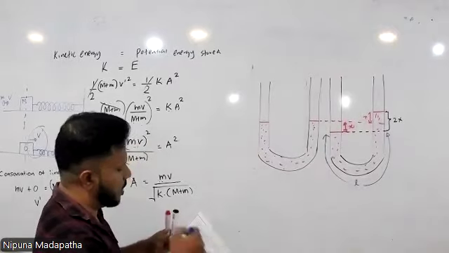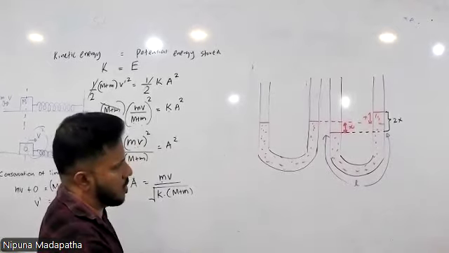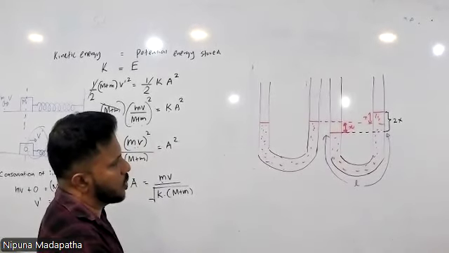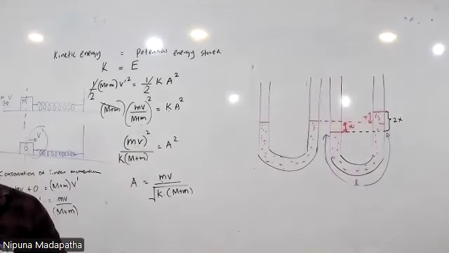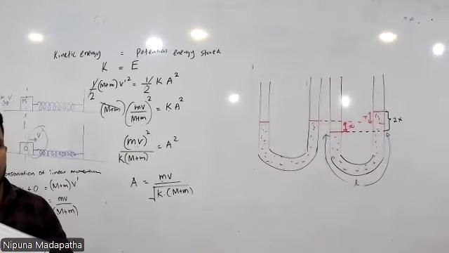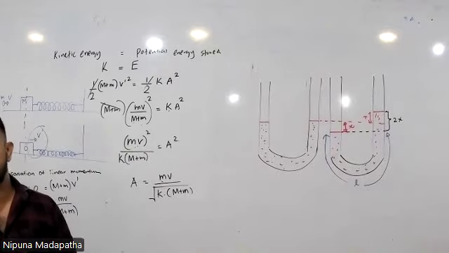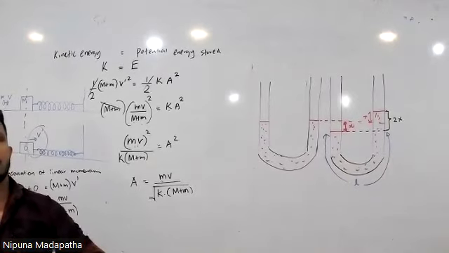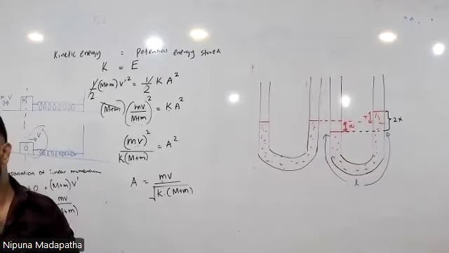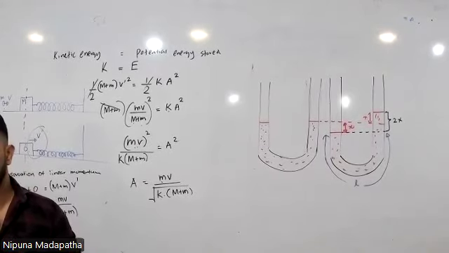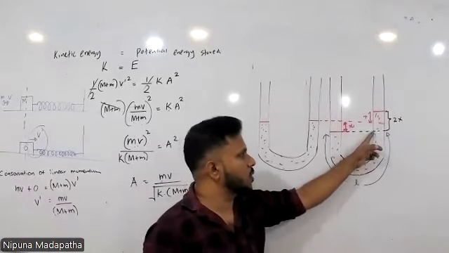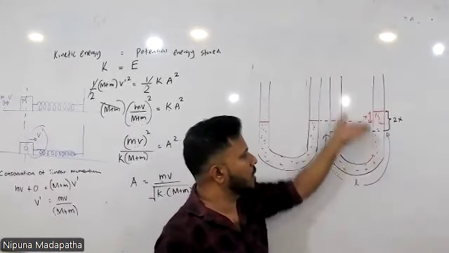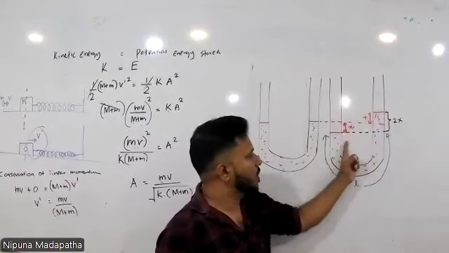So now what can cause the restoring force in order to perform simple harmonic motion? You know, when there's oscillation, there's always a restoring force to accelerate the body. So which force exerts the restoring force in order to take this liquid column back to the equilibrium position?